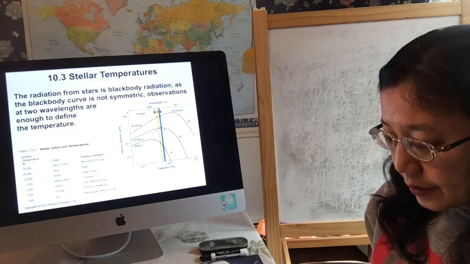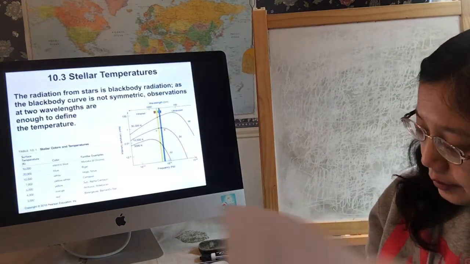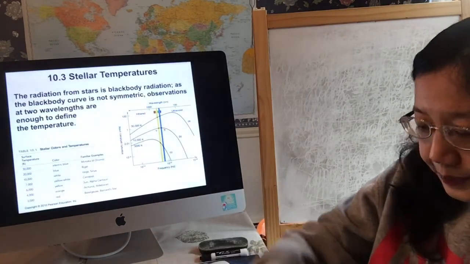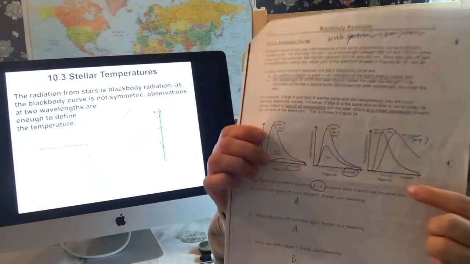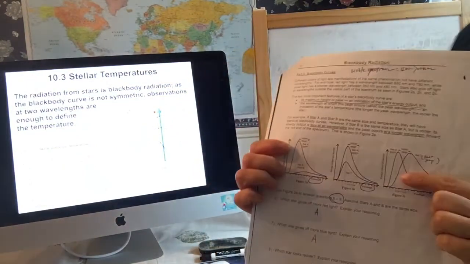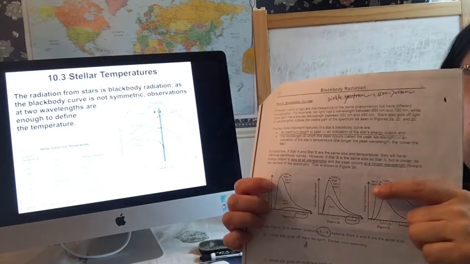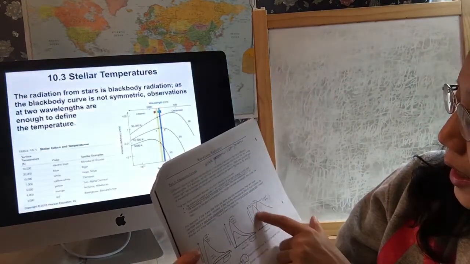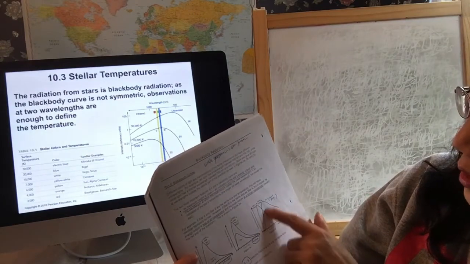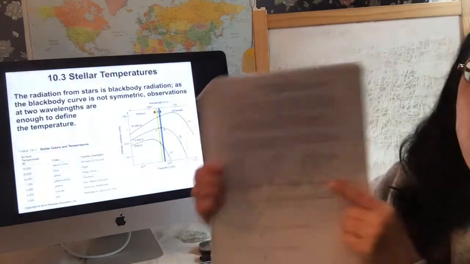If you look at figure 2c here, these two curves have the same peak height, but for A, the peak is located at the blue end. For D, the peak is located at the red end.